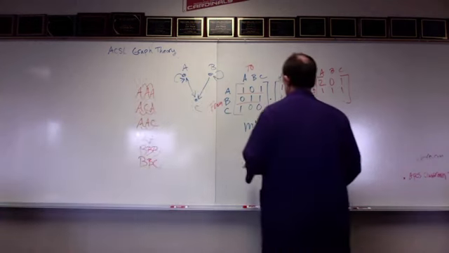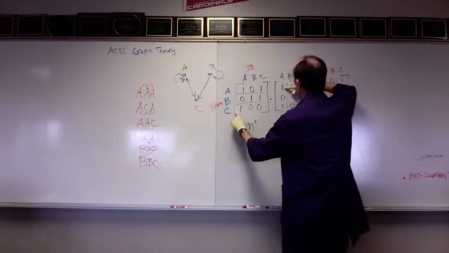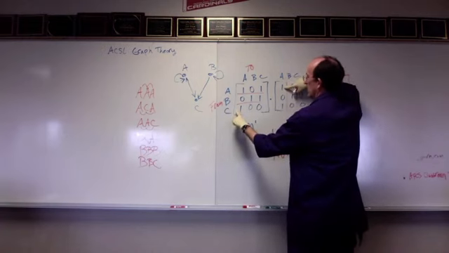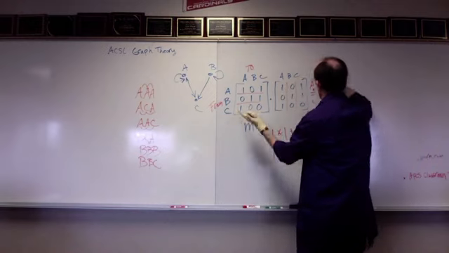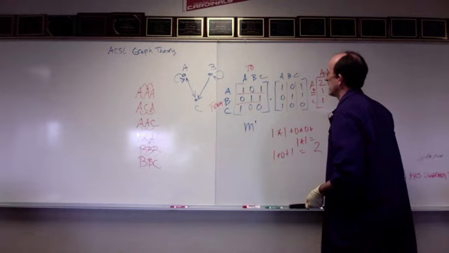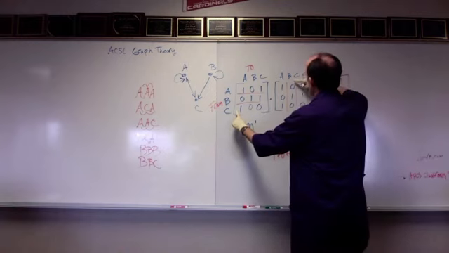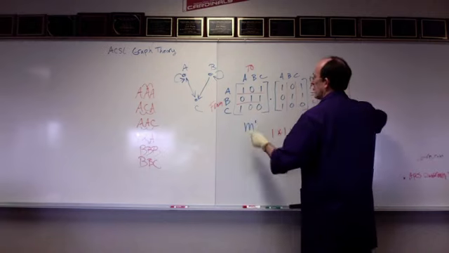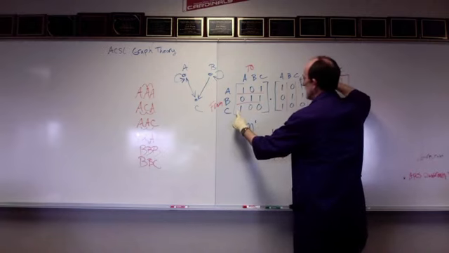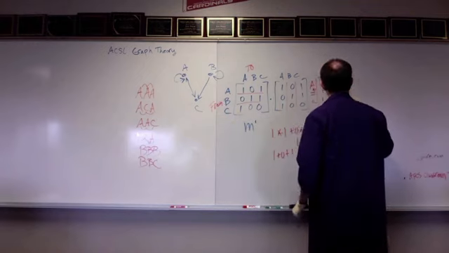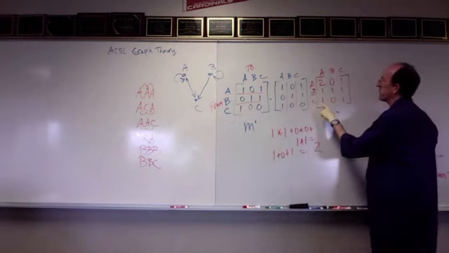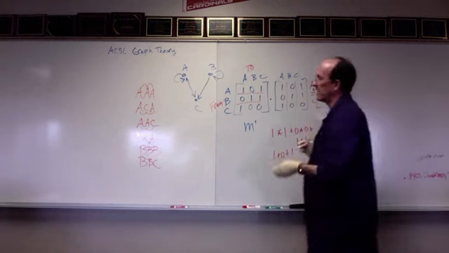Okay, now let's do C. That's 1 times 1, and you can tell that these are going to be zeros. So that's all there's going to be. 1, and then from C to B, it's 0 plus 0 plus 0. And then C to C would be 1 plus 0 plus 0. So there's a path of length 2 from C to A and a path of length 2 from C to C. Let's add those.